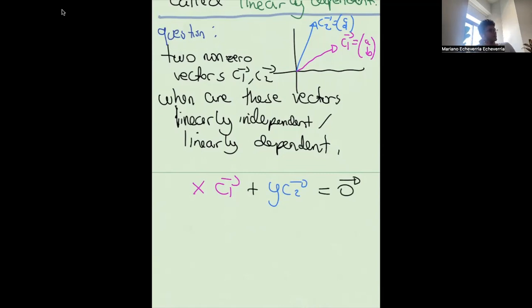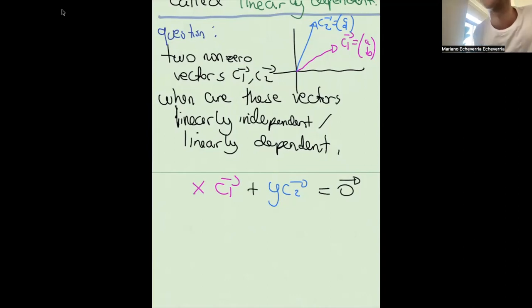So what happens if the vectors are linearly dependent?